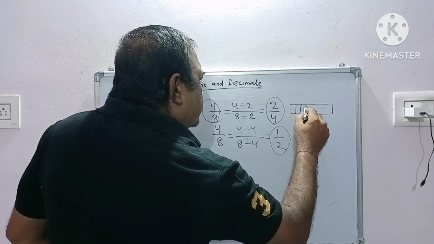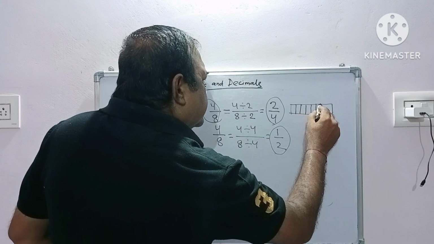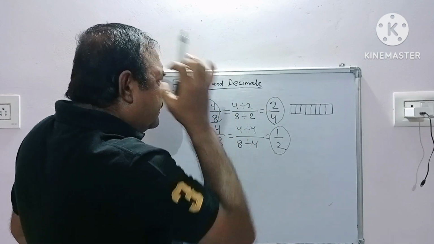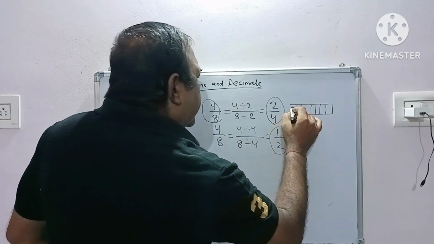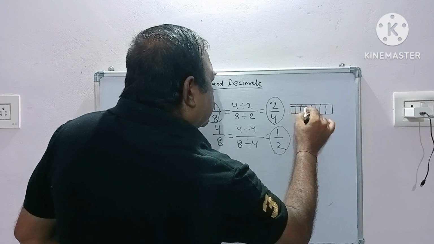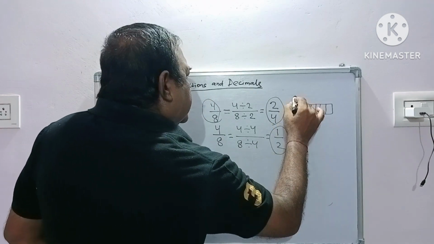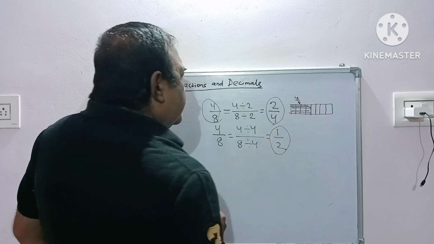1, 2, 3, 4, 5, 6, 7, 8. Suppose I divided one piece of biscuit into 8 equal parts, and I will take 4. This part. So this is 4 upon 8. It's okay.